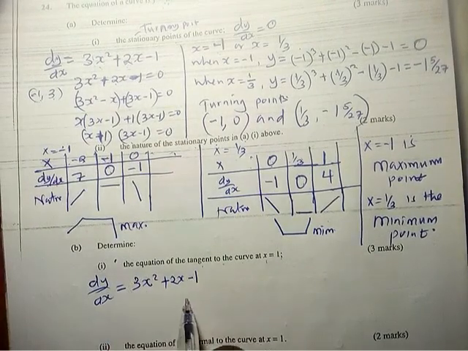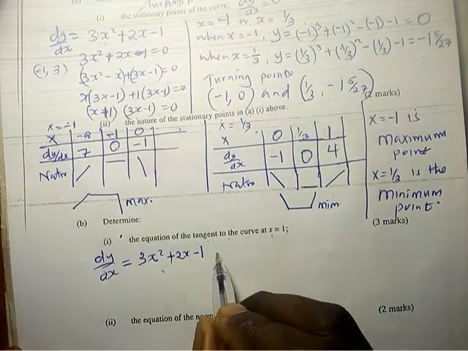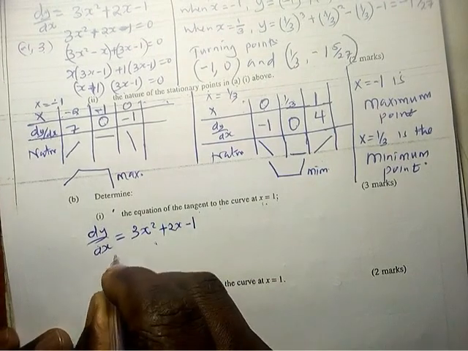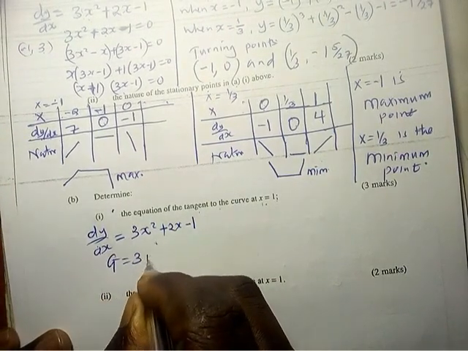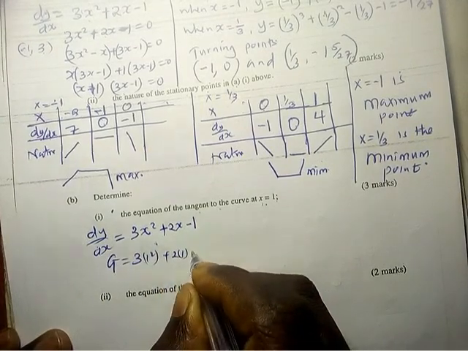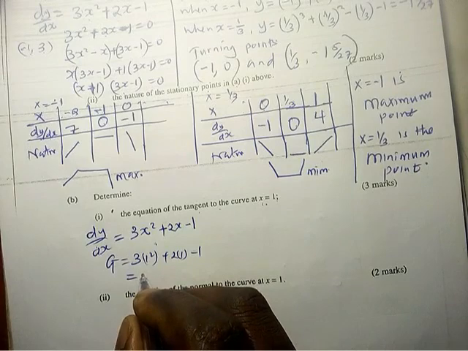This one is called the gradient function, once you differentiate one time. Now we are going to substitute when x is 1, what will be the gradient? So gradient equals 3 plus 2 minus 1, and the gradient is going to be 4.